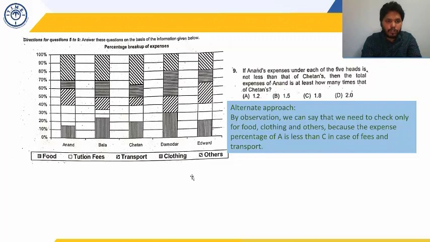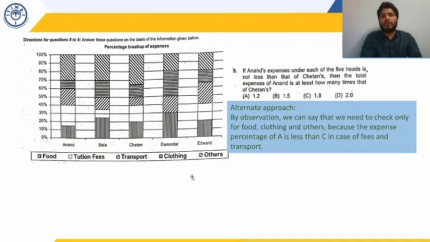So we need not check for this also. Similarly for transport also, the expenses of Anand on transport is how much percent? Transport is the third one. It is 20% of total expenditure of Anand, and for Chetan it is only 10%. So again the percentage expenditure of Anand on transport is greater than the percentage expenditure of Chetan on transport. So again, even if Anand and Chetan's total expenses are equal, or A is equal to 1 times C, then also Anand's expenditure on transport is going to be more than that of Chetan's.